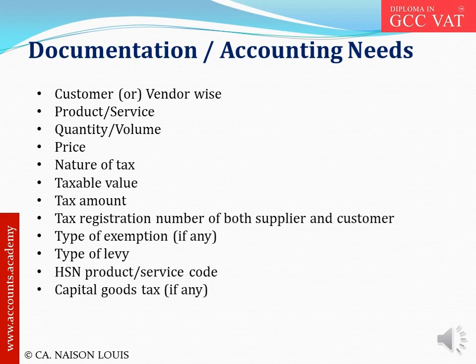So the documentation or accounting needs is based on customer or vendor wise, product or service, quantity or volume, price, nature of tax, taxable value, tax amount, tax registration number of both supplier and customer, type of exemption if any, type of levy, HSN product or service code, capital goods tax if any, etc.